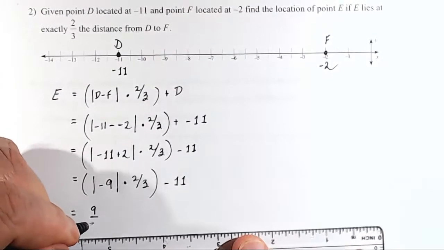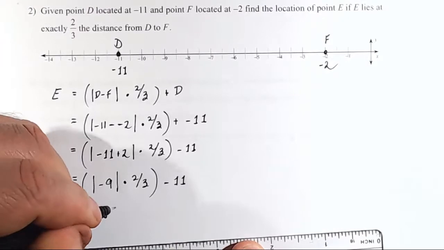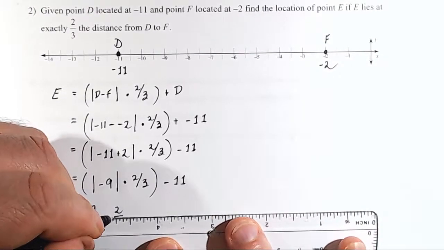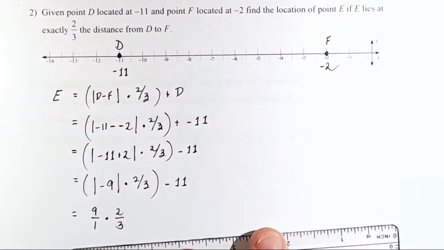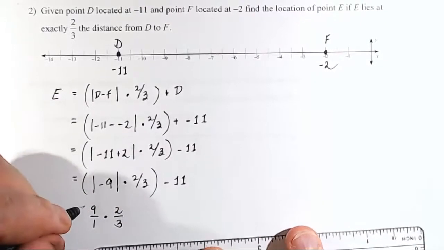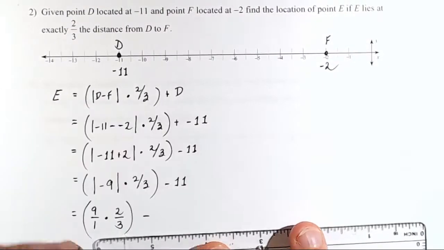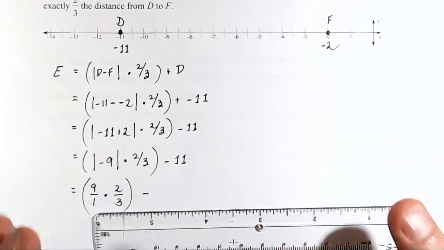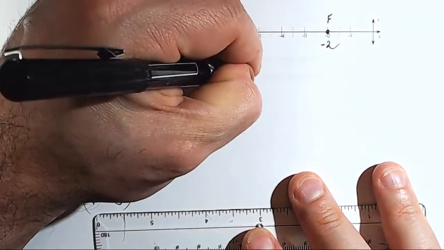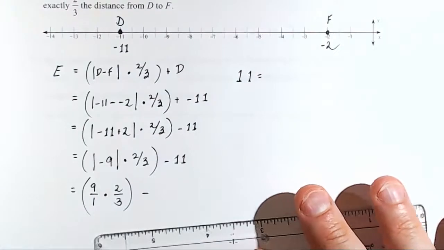9/1 times 2/3. And once we get that, we will subtract out 11, but again, we want 11 in terms of 3.